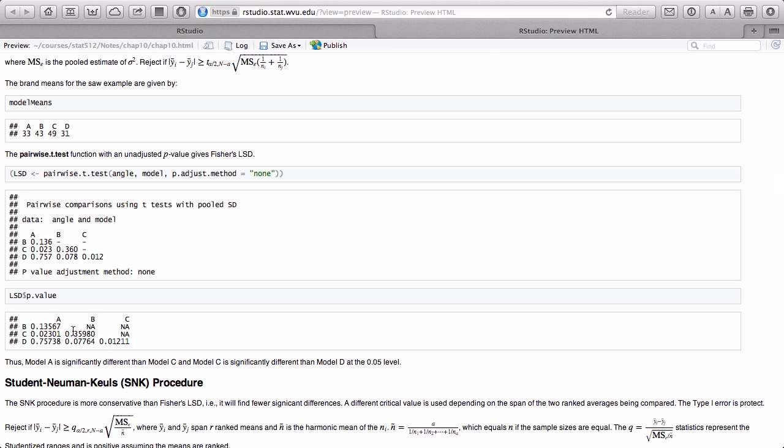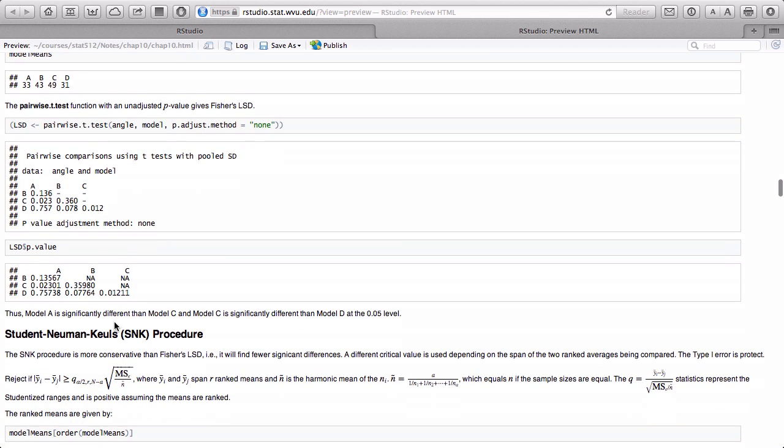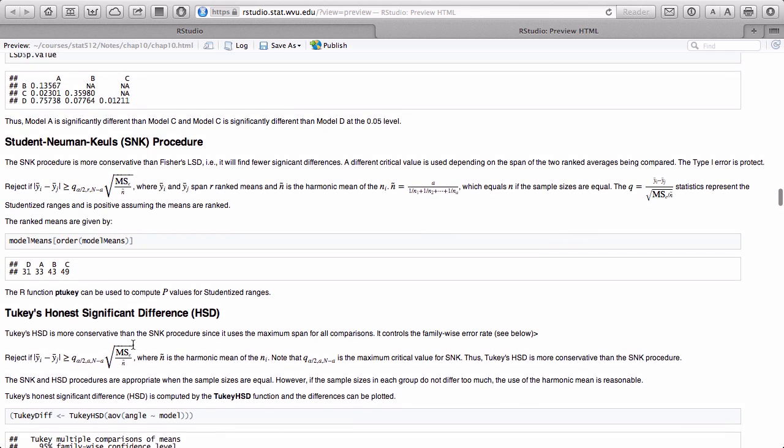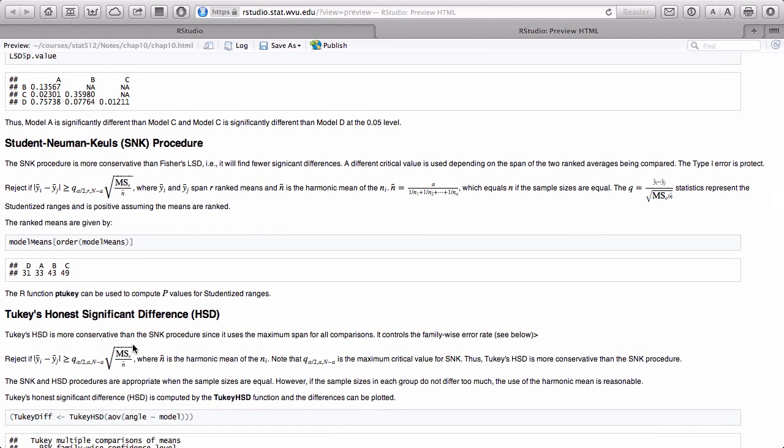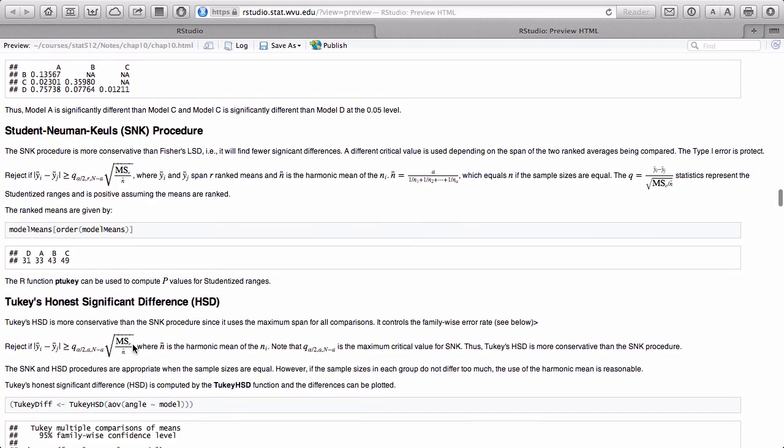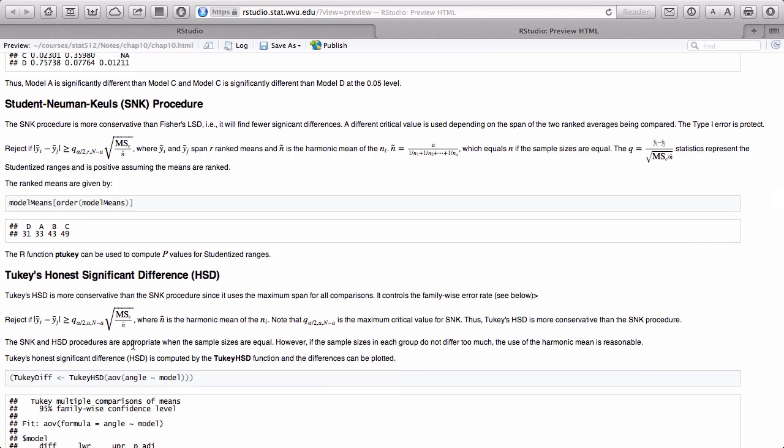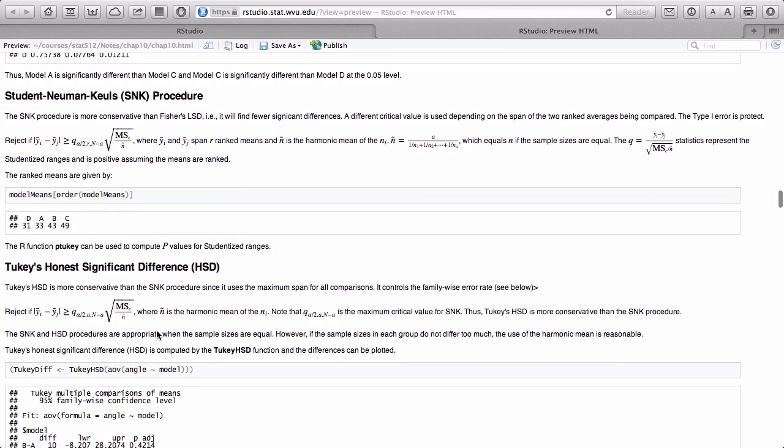This is using an unadjusted p-value method. And I want to talk just a few minutes today about how you might adjust those p-values and how that relates to what we did in the last section dealing with other types of multiple testing procedures.